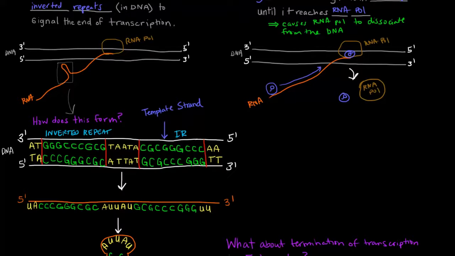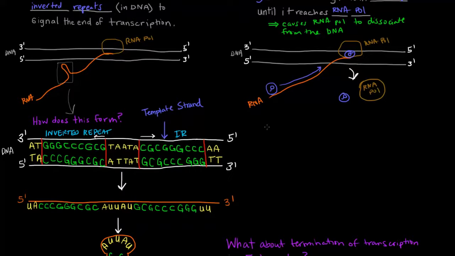So here, we ended up with a G. Here, we're starting with a C. So the C is complementary to this G. So if you read this one going this direction, you will find that it's complementary to these going in this direction. So here we have a C complementary to the G, a G complementary to the C, the C complementary to this G, these 3 G's complementary to these 3 C's, and these 3 C's complementary to these 3 G's.